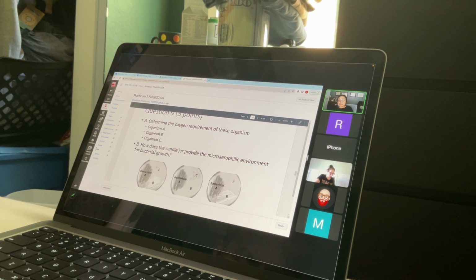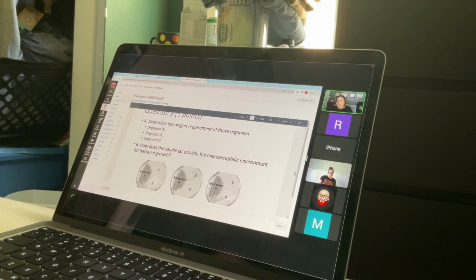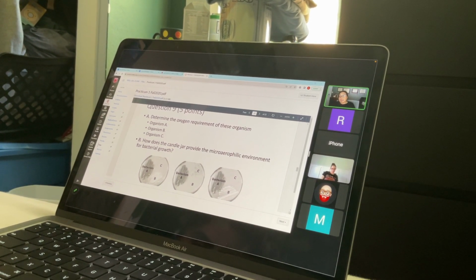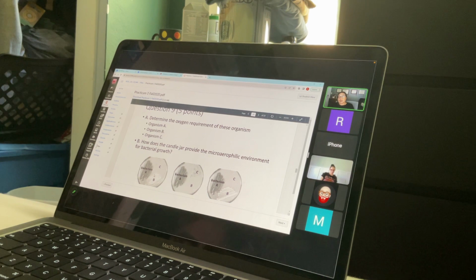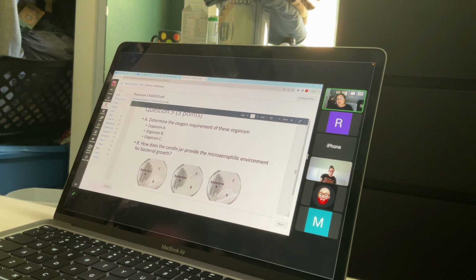Okay, so just for an example, I look at the plate, and organism A seems to have slightly higher growth on plate A, then plate B, then plate C. So like Gabe's answer to the last two, there is a gradient in growth. Heavier in air, a little bit lesser in the candle jar, and a little lesser in the anaerobic jar.